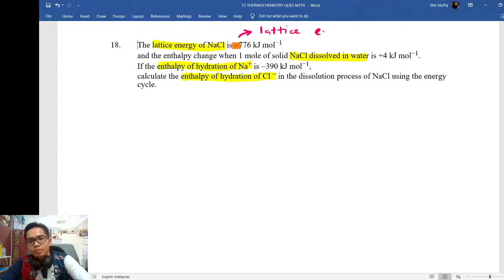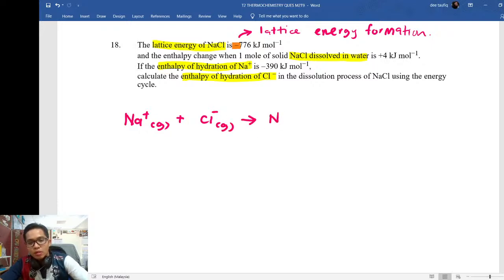Lattice energy formation means you start with Na plus gas plus Cl minus gas to produce NaCl solid.